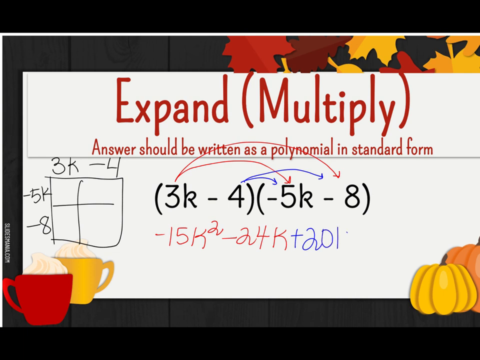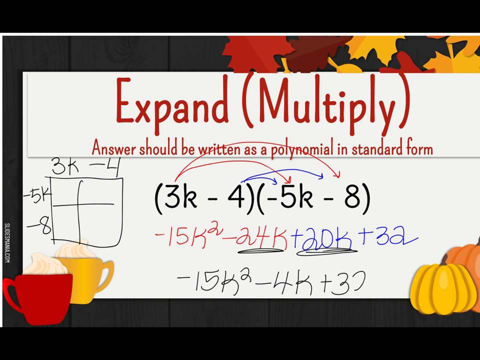Got to bring along that k. And negative 4 times negative 8 is going to be a positive 32. So make sure we're paying attention to those negatives. So we do end up having to add together our middle terms just like we add together those diagonals. And we end up with negative 15k squared minus 4k plus 32.